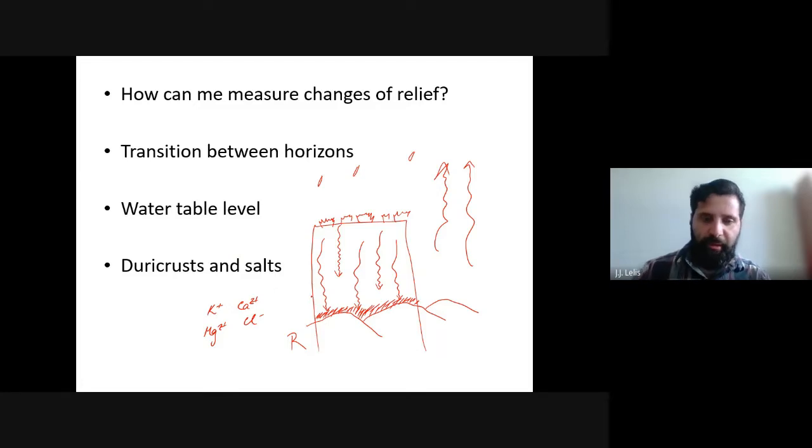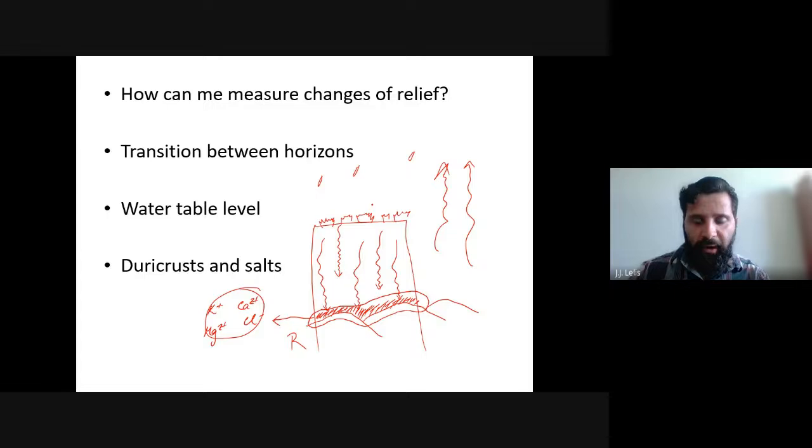So we can see here in this layer a water layer that's rich in some elements that could be released from the weathering of primary minerals.